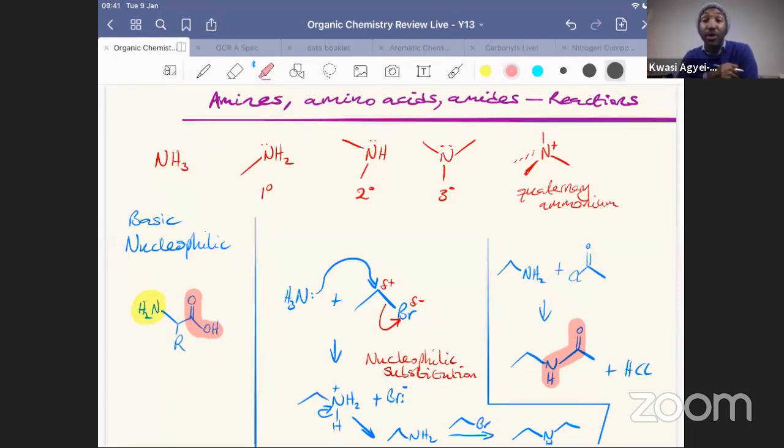So the amine of the amino acid reacting with the carboxyl group of another amino acid. And in that way, you end up with a polymerization reaction in which you end up with a polypeptide. Now, in amino acids, the amide bond formed is known as a peptide bond. There's no difference between that amide and the amide from a normal amine and a carboxylic acid group.